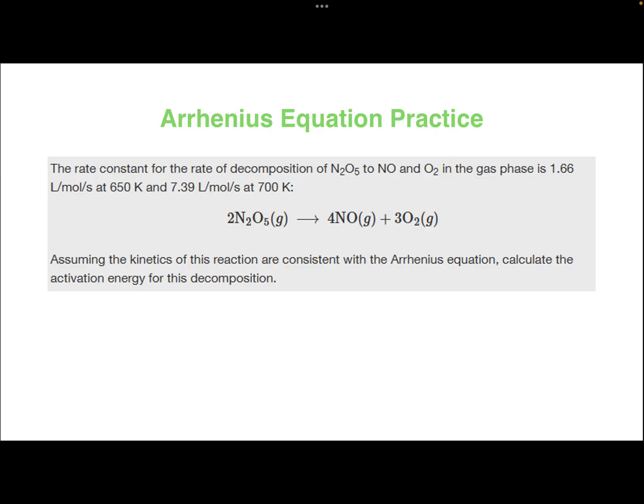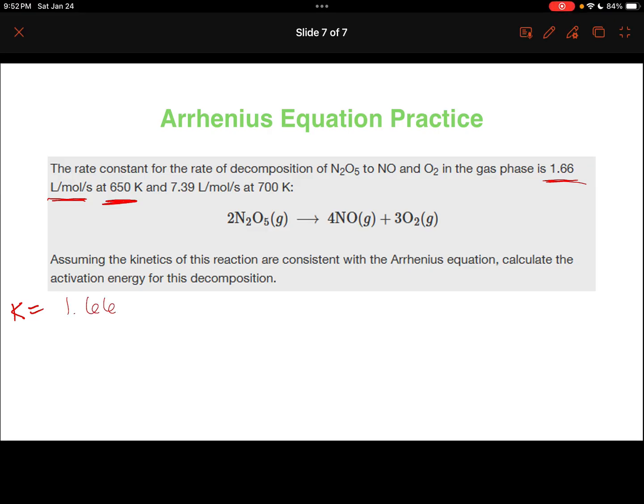This is telling us that the rate constant for the rate of decomposition of dinitrogen pentoxide to nitric oxide and molecular oxygen is 1.66 at 650 K. All right, so we have a rate constant of 1.66 liters per mole seconds, and that temperature is 650 Kelvin.